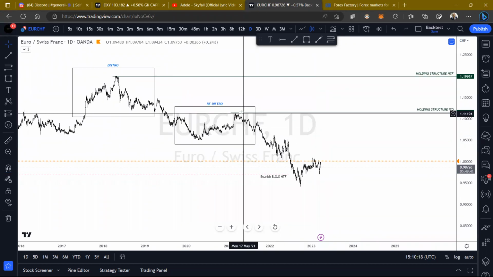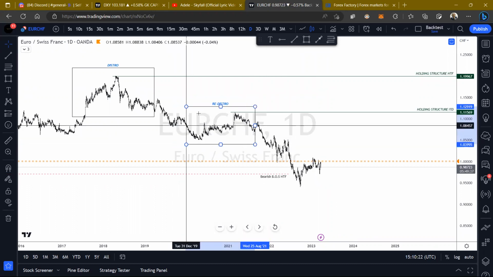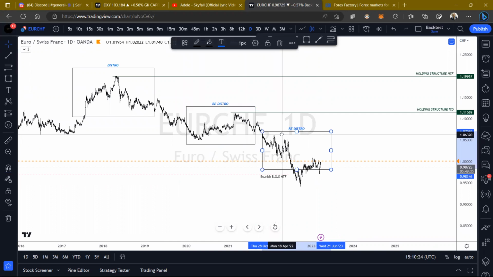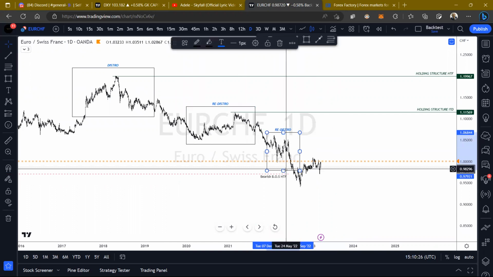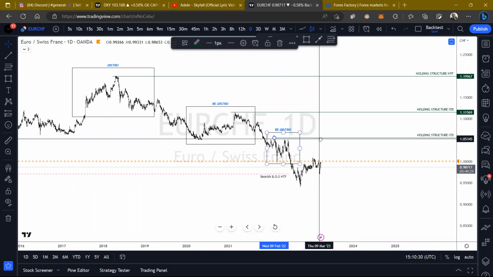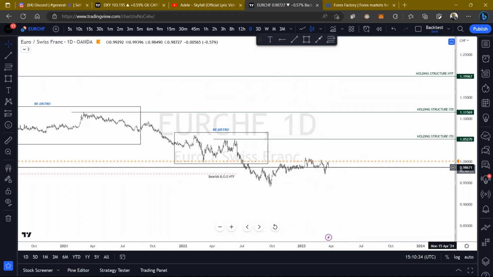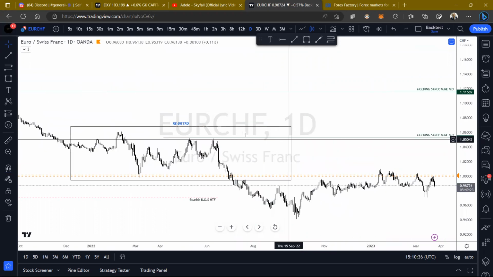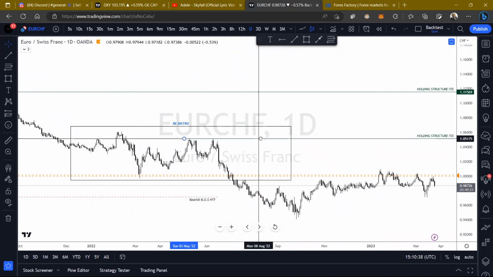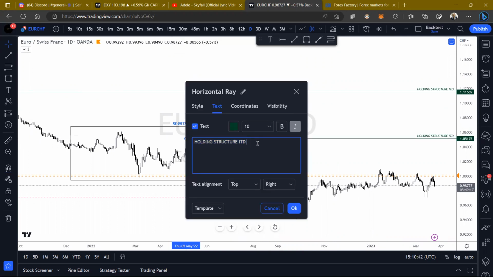Then within this leg, we've got this redistro position here, which is holding my lower time frame. There's where the manipulation happened. This was holding our lower time frame.